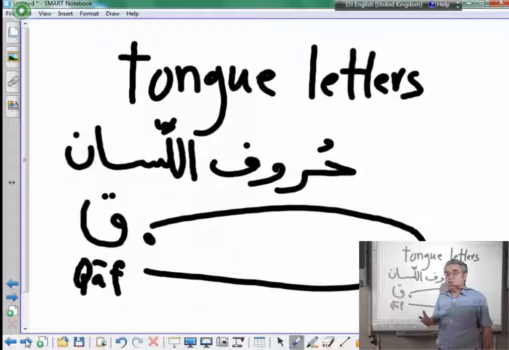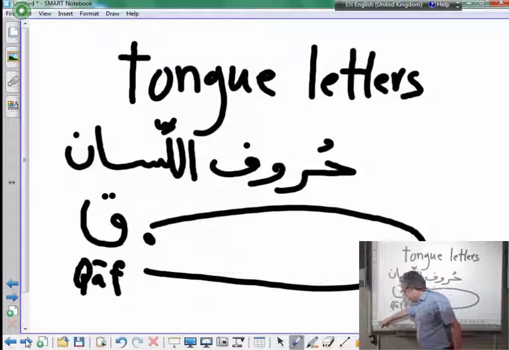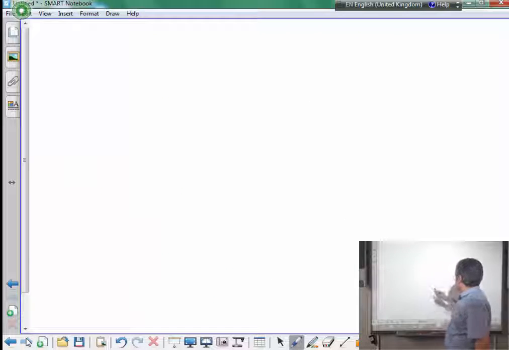It's a bit difficult, but you need to emphasize by pushing the tongue and making it touch the palate of the mouth. Iqra. And the second letter is much easier, and you are familiar with that one.